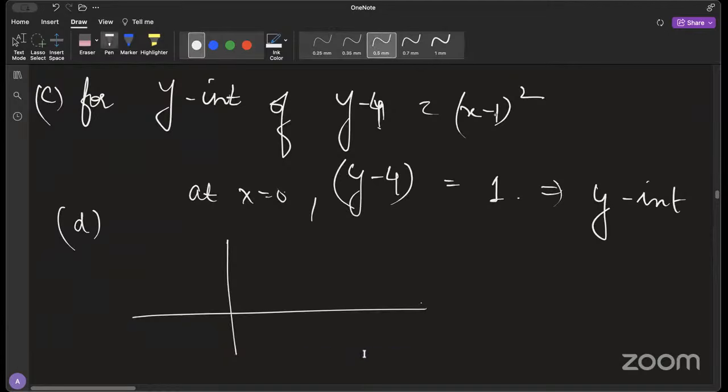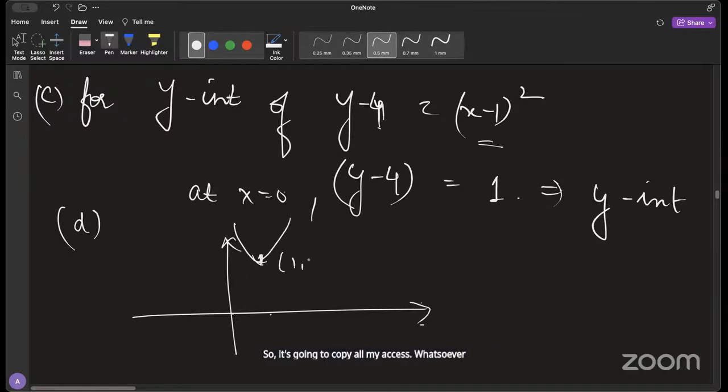If your vertex is (1, 4), it's here: 1 here, 4 units up here. And because your leading coefficient, the coefficient of x squared, will be 1, positive, it opens upward. So it's going to cut your y-axis.